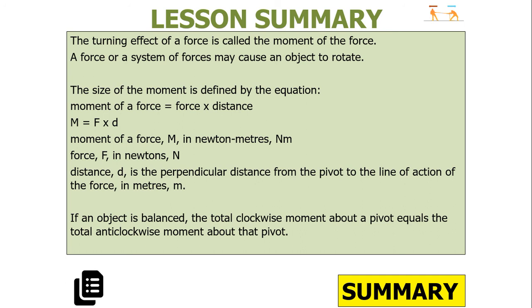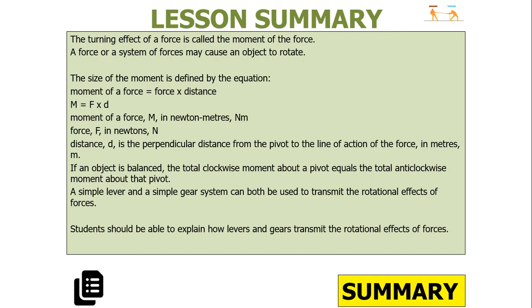So in today's revision session, we've learned about the turning effect of a force, linking it into moments, understanding how to calculate a moment, and how you can work out values when objects are balanced. We understand how we can then link this into gears and levers and how they link into transmission of forces and moments where relevant.